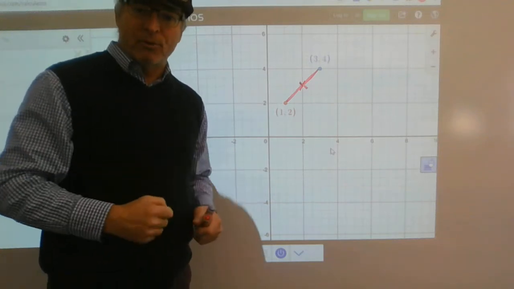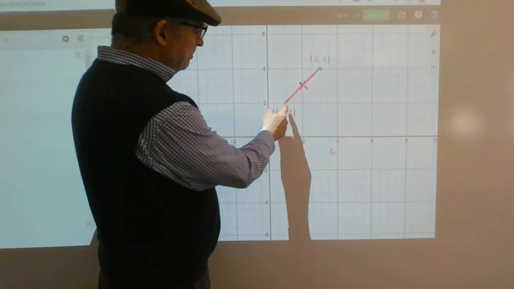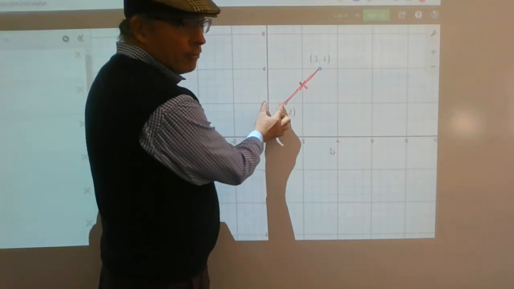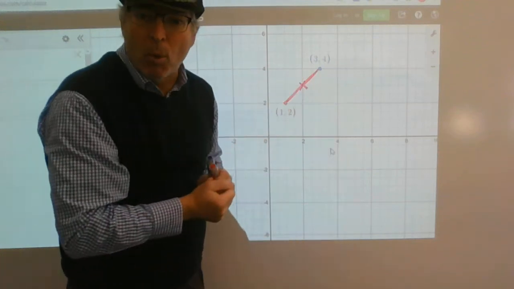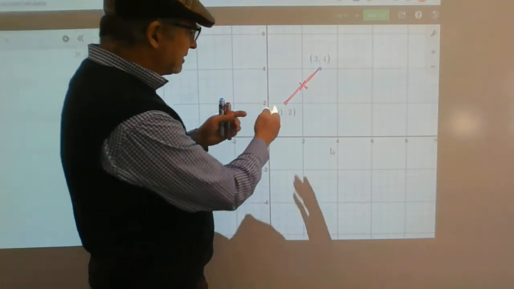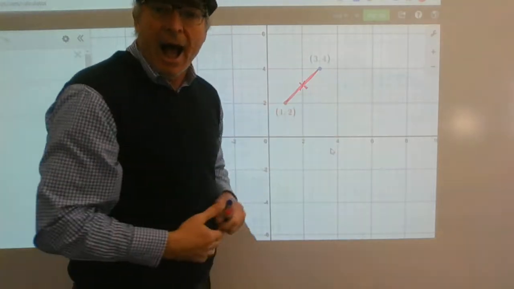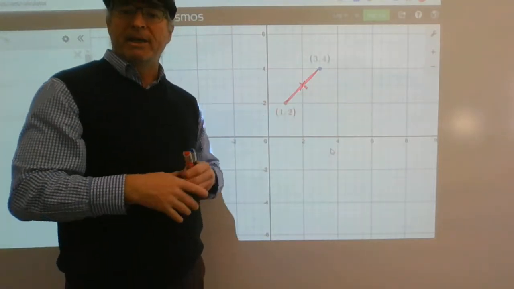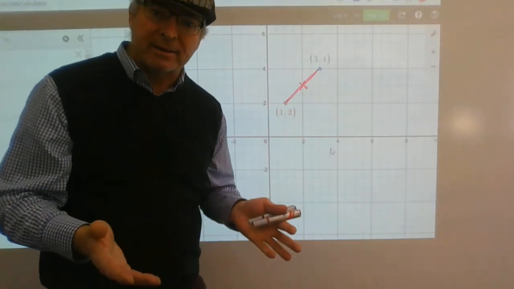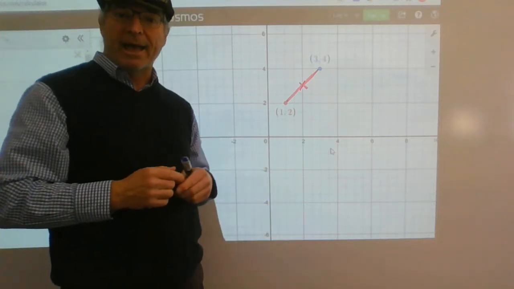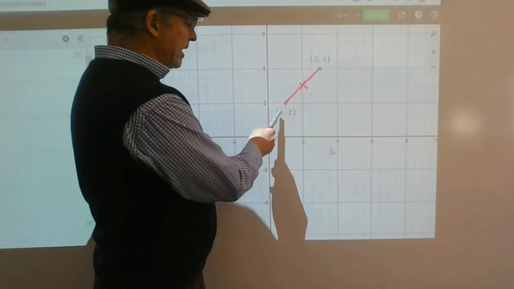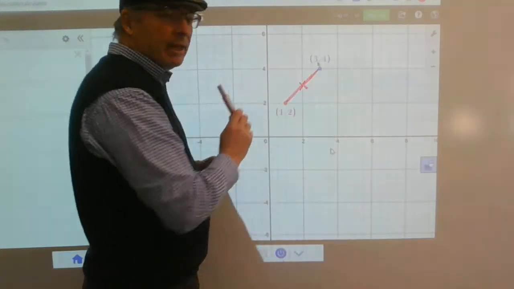Well, it does seem reasonable that if this point is only 1 unit from the y-axis and this point is 3 units from the y-axis, then the point that's horizontally halfway between them would be 2 units from the y-axis. The average distance from the y-axis, the average of 1 and 3.